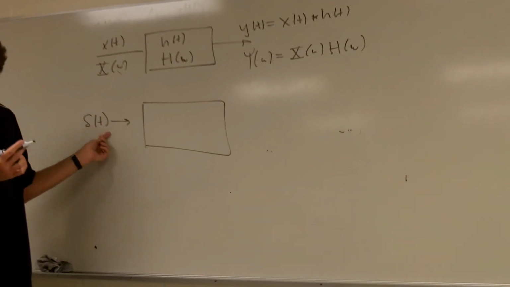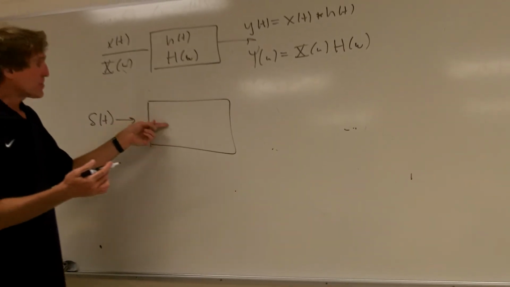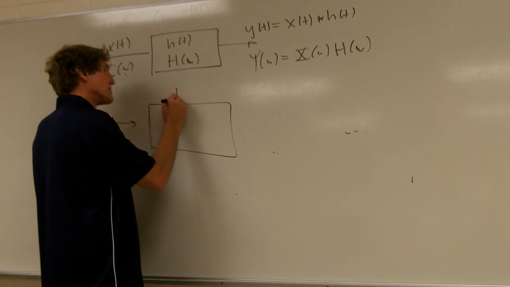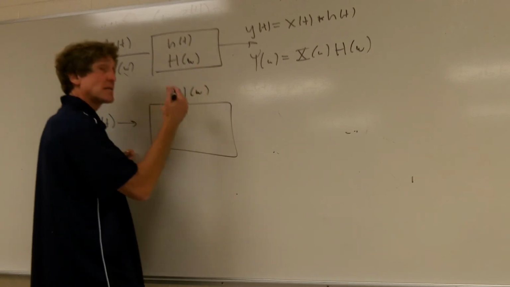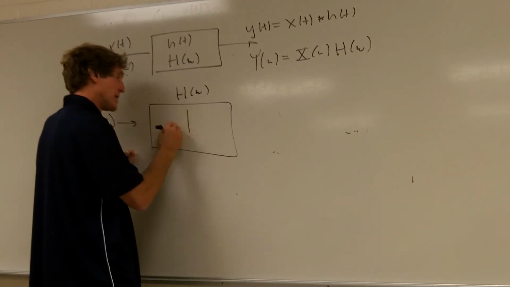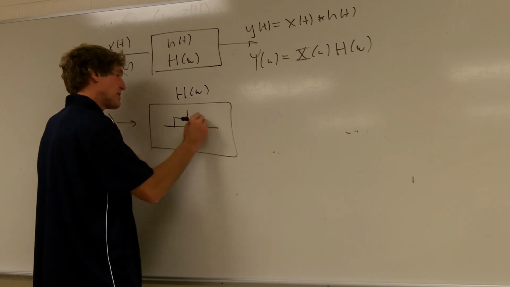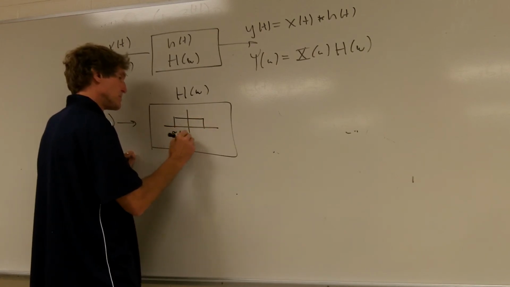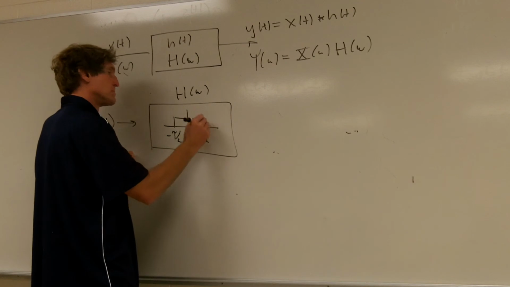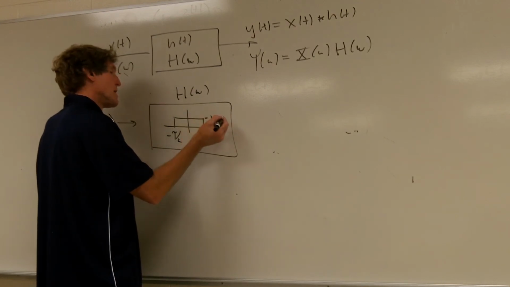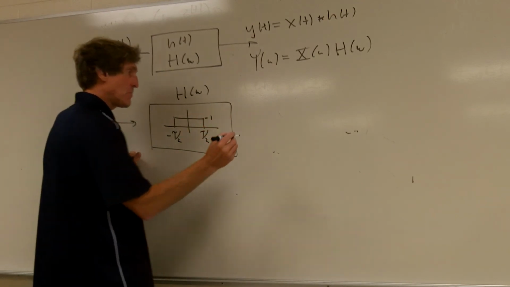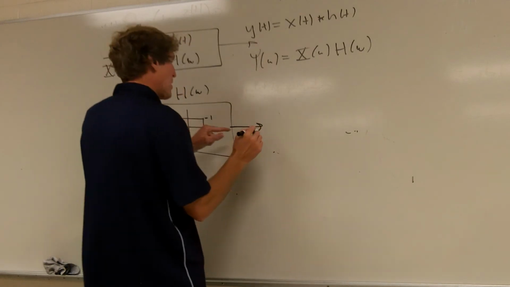That's a time domain function, right? But the property of h of omega here is given not in the time domain, but in the frequency domain. And it shows you something like this. All right? And they want to know what the output is here.